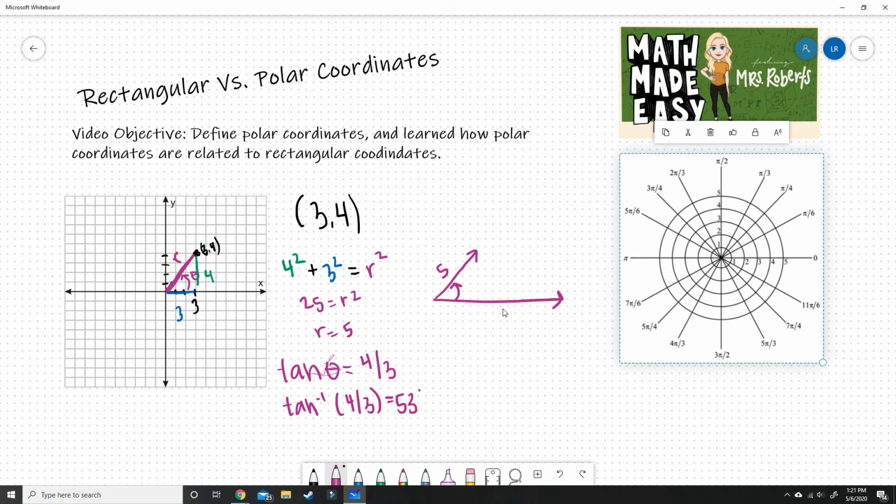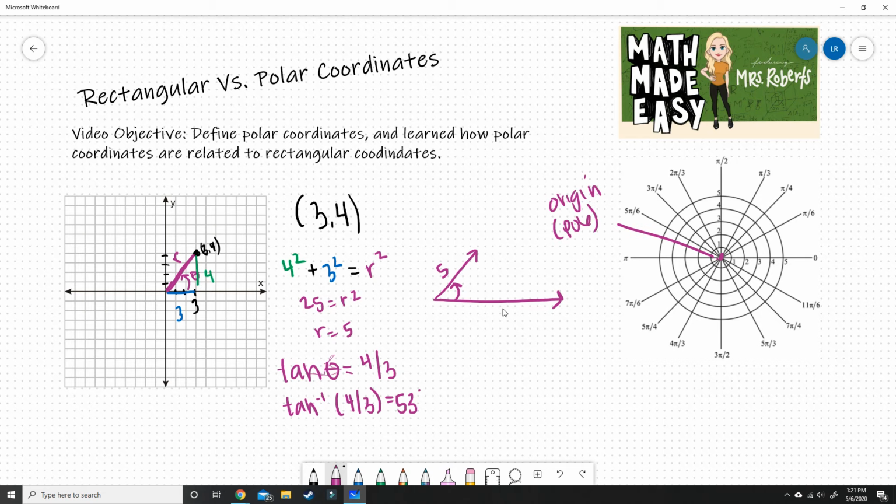Okay, so to set up the system, we are going to choose a fixed point, O, and we call that the origin or the pole. So right here, this is the origin, or sometimes you'll hear it referred to as the pole. That is the middle.